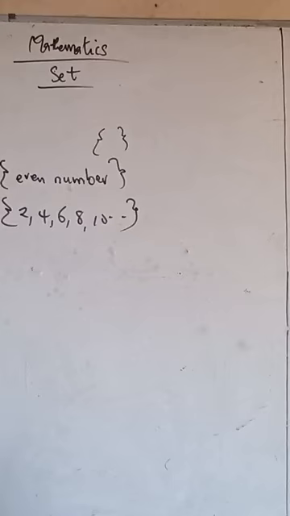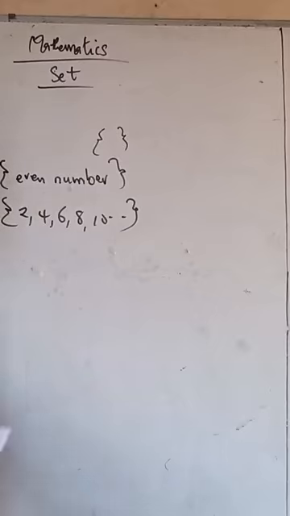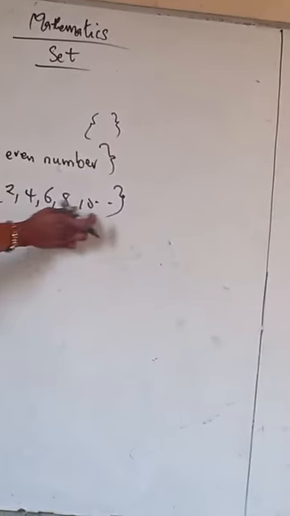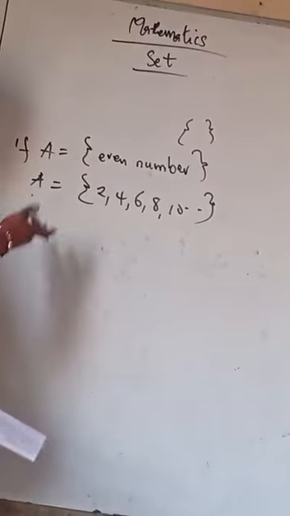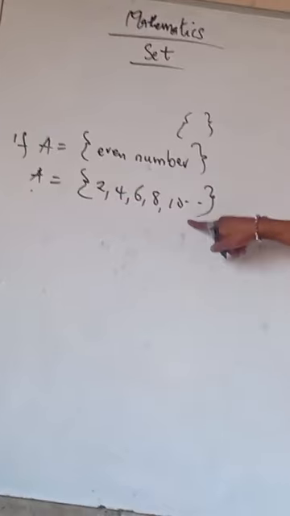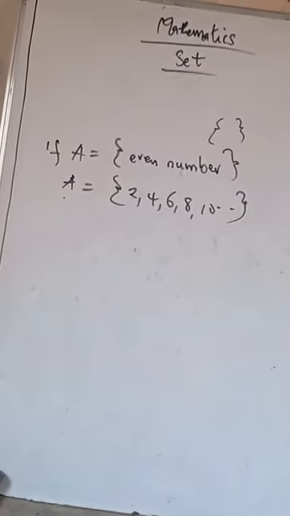So these are the even numbers in your set A. This A is a set, and all these being listed are called members or elements of set A. You can either call them members or elements.